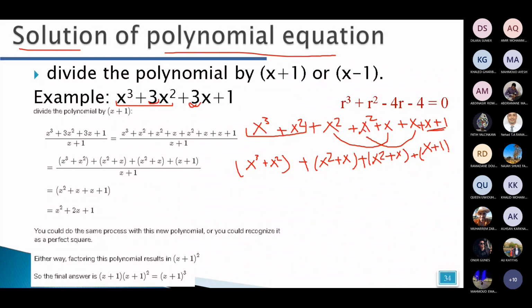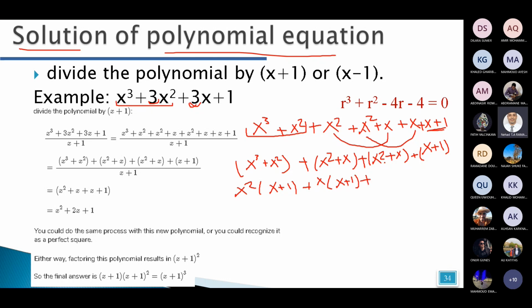Okay. So the idea is, I need x plus 1 outside. So I will take from here x power 2 as a common factor. What do we still have? x plus 1. I will take here x outside. So x, what inside? x plus 1.